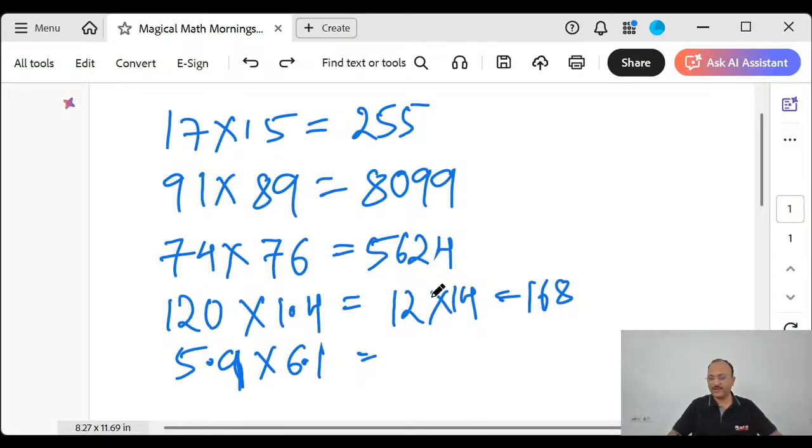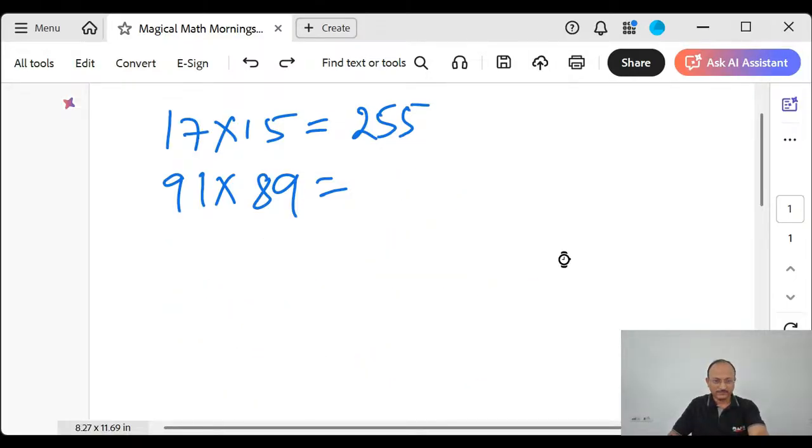Here some of you have erred. Now I got one correct answer. You people made the mistake of putting the decimal point, but that requires a little bit of practice. Now, 59 into 61 is 3600 minus 1, which becomes 3599. Yes, all of you have done the correction. 1 and 1, 2 places we have to leave from the right side, it will become 35.99. Correct? Very good.